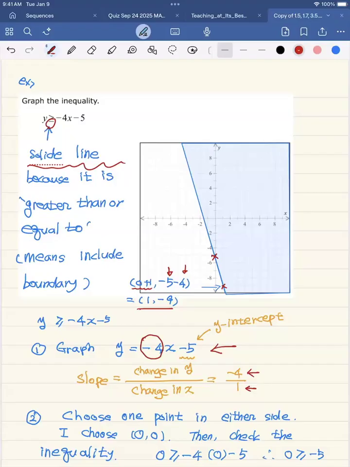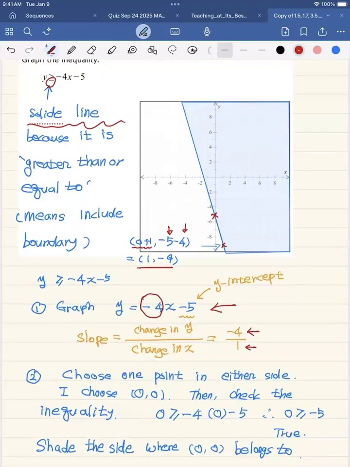When we determine the solution set, it'll be either the right side of the straight line or the left side of the straight line. So it is enough to choose only one point to check the correctness. So I chose 0 and 0 here. If it satisfies the inequality, then the plane that contains 0 and 0 will be the solution set.